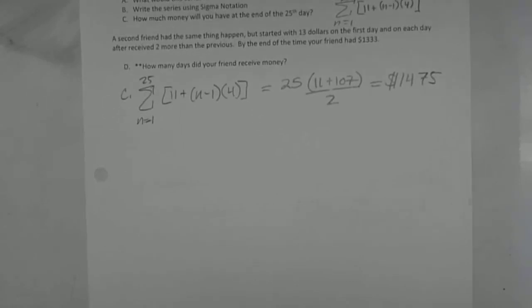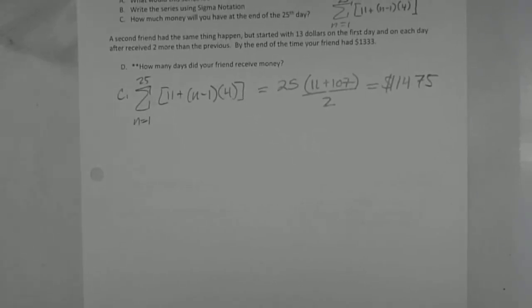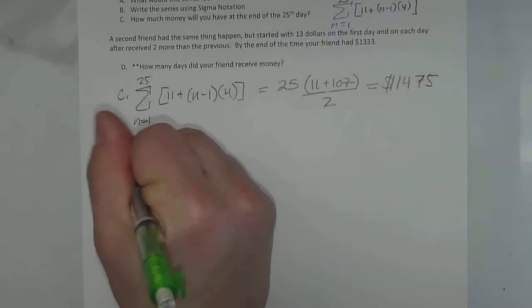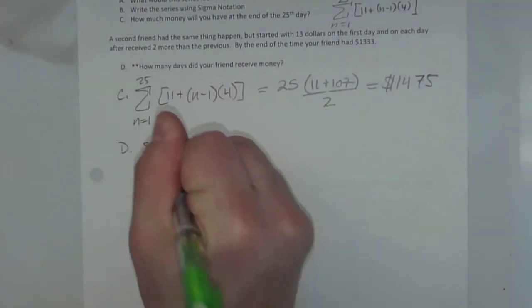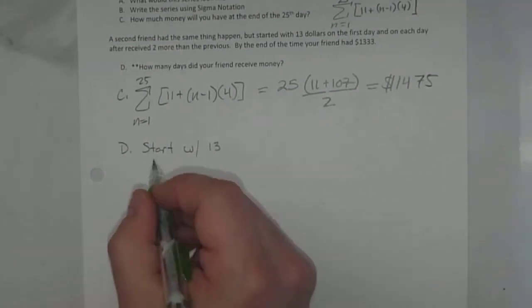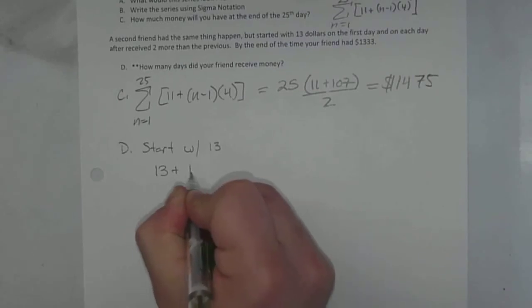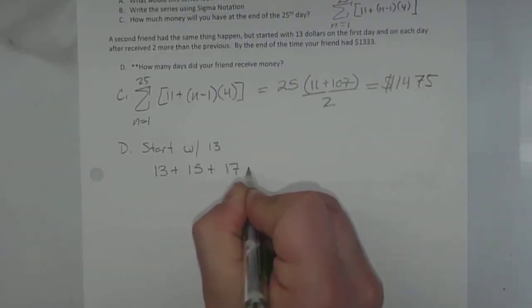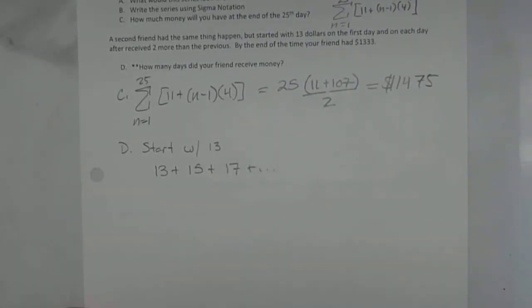Now, part D gives you a new situation. And part D says, the second friend had the same thing happen, but started with $13. And then each day after will get 2 more than the previous day. So this sequence would look like 13, the next day gets 15, then 17, and so on.